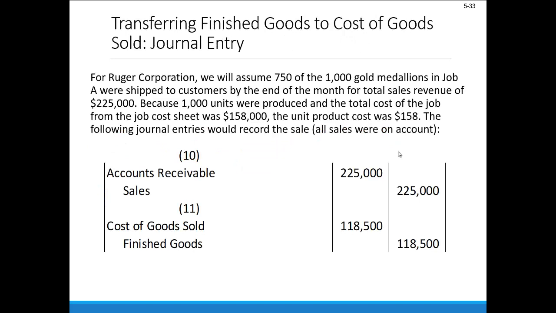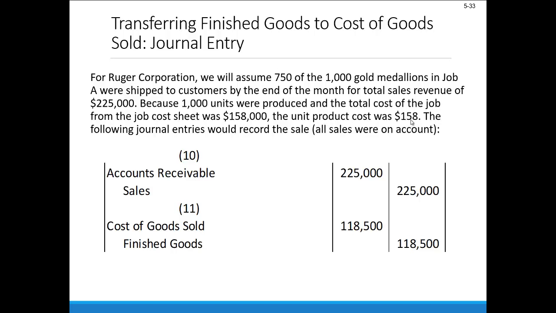Okay, another entry to think about here: what if we actually sold something? So let's say for Ruger Corp, 750 of the 1,000 gold medallions in job A were shipped to customers by the end of the month, and we billed the customer $225,000. Because 1,000 units were produced and the total cost of the job was $158,000, the unit product cost was $158.